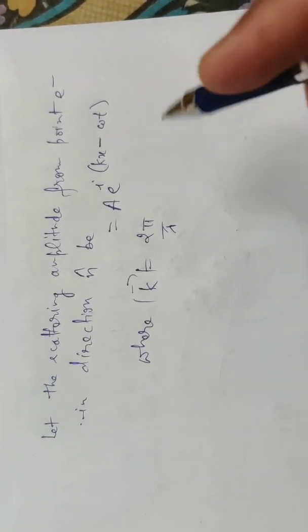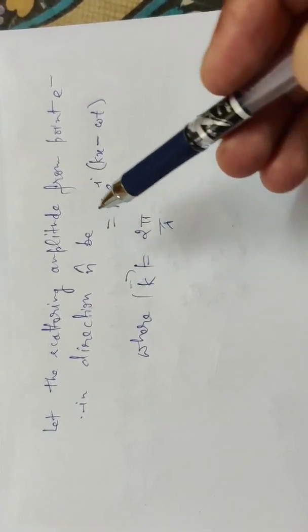So this is the scattering amplitude for a point electron at the origin in the direction n.